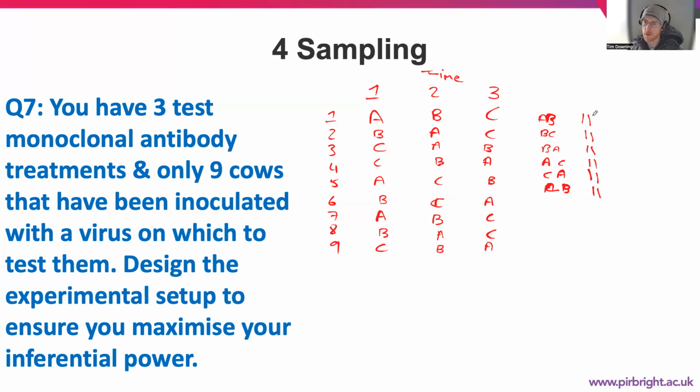We got ABC. So A, B, C, B, A, C. And then we got CBA, CB, and BA. Aha. So you can see there we have 4 of these carryovers and 2 of these carryovers. So this is not quite perfectly balanced as you wish to.